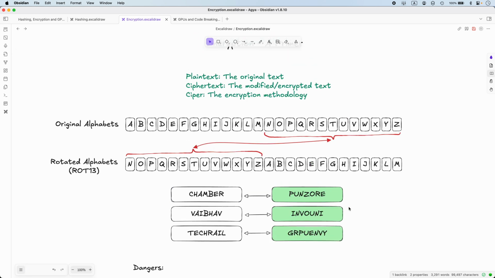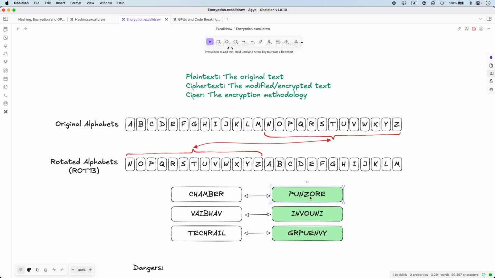Now, if you did the exact same operation on this encrypted content, P becomes C, U becomes H, N becomes A, Z becomes M, and you can see this is going back to where it came from, right?